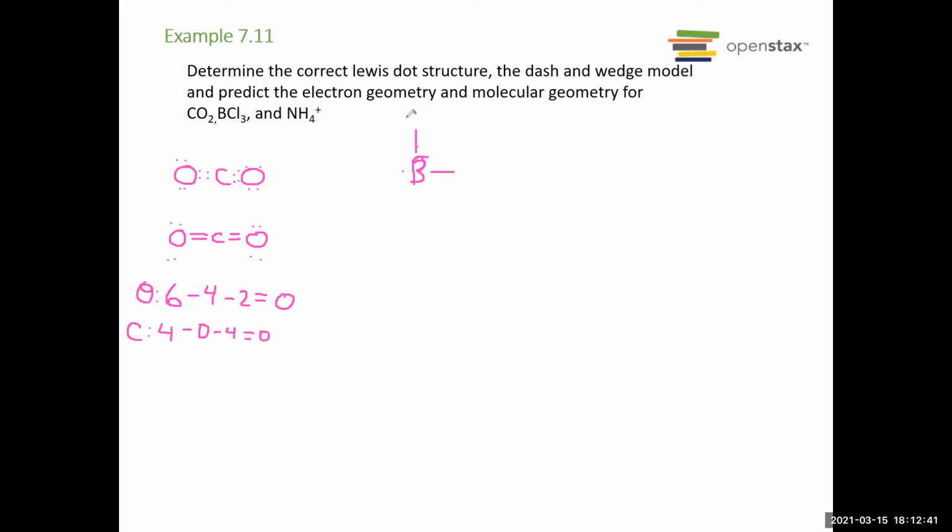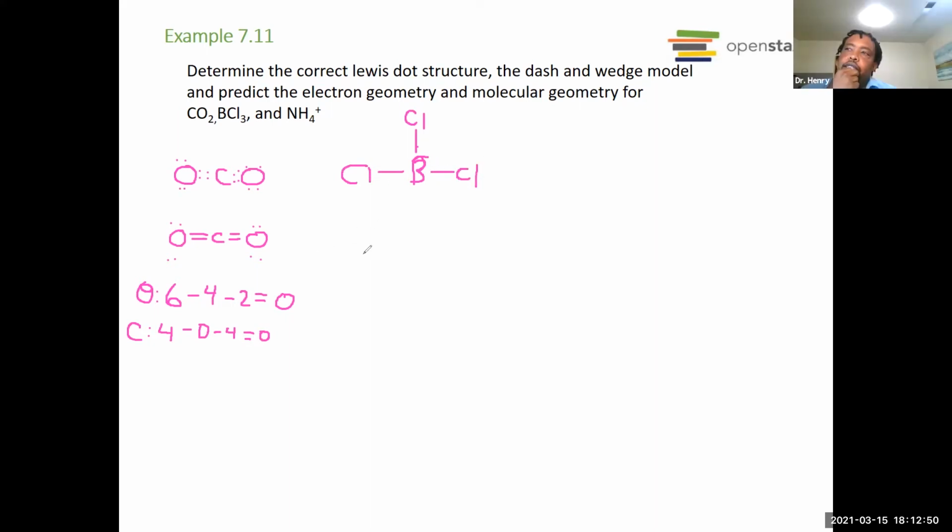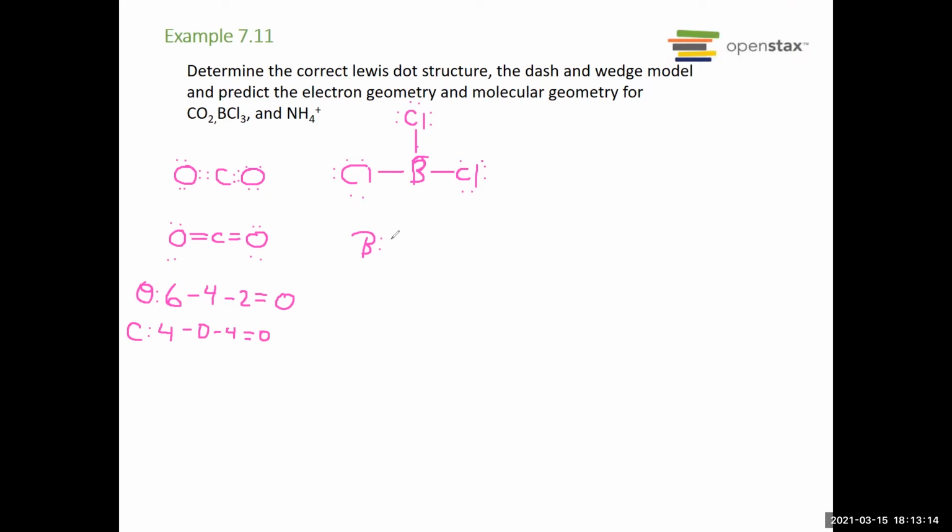Okay, so if we look at formal charges, boron has how many valence electrons? 3.